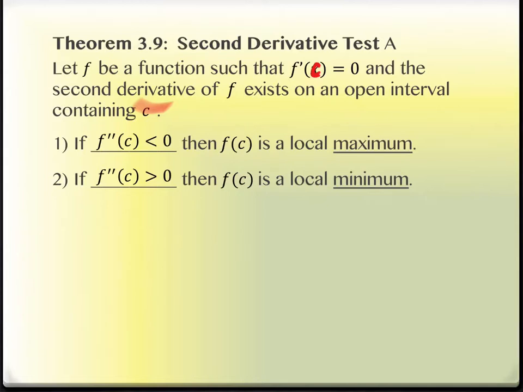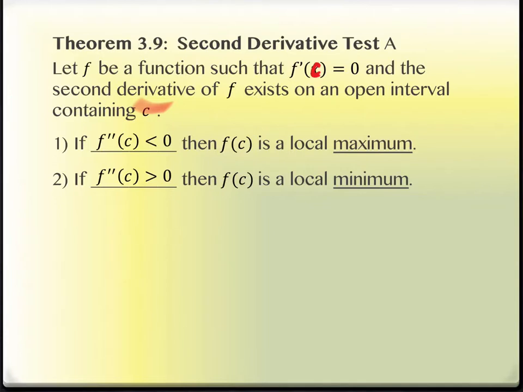Well, if c is a critical point of your equation, and you find out that the second derivative is negative there, then you have a local or relative maximum point. I said that wrong before. And if the second derivative is positive, then it's opening up, and you have a local minimum there.